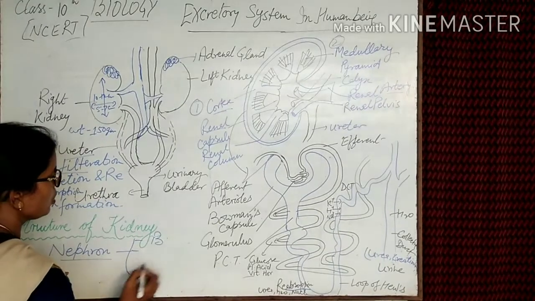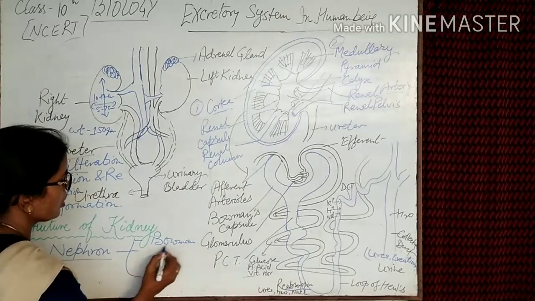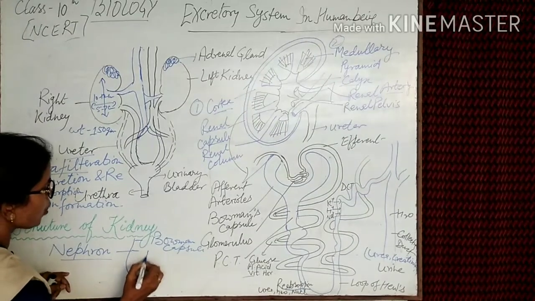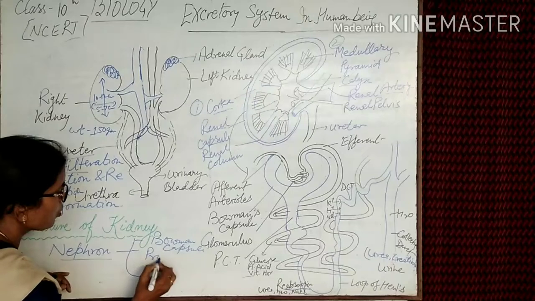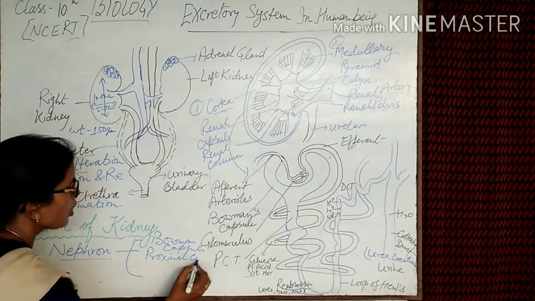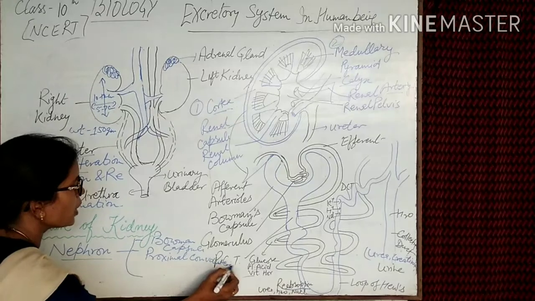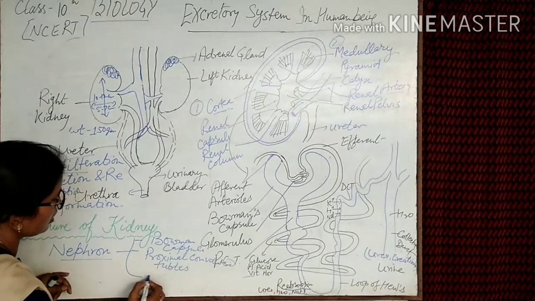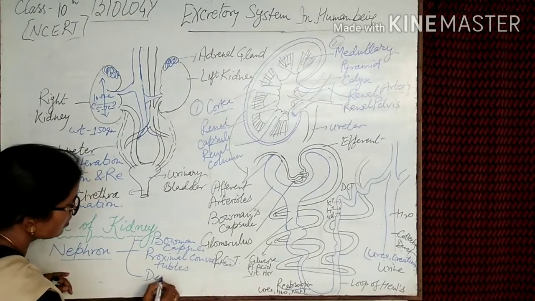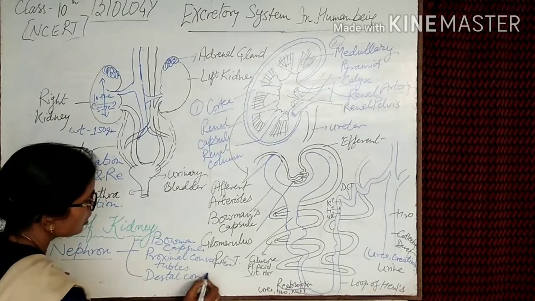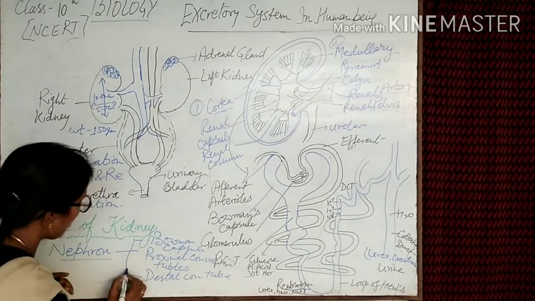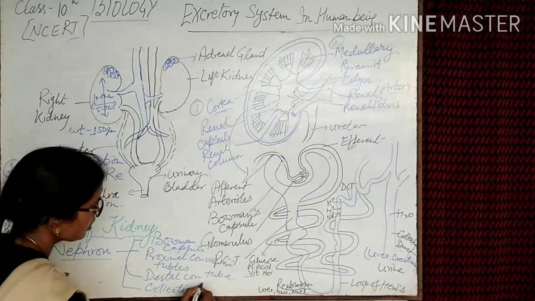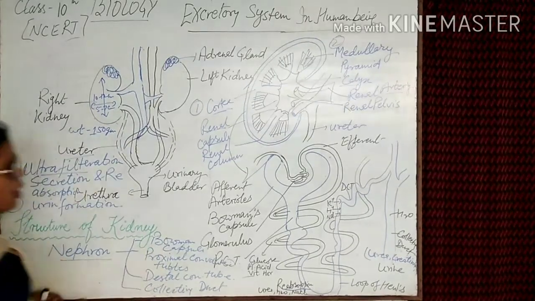First, the Bowman capsule, second, the proximal convoluted tubule, third, the distal convoluted tubule, and last, fourth, the collecting duct.